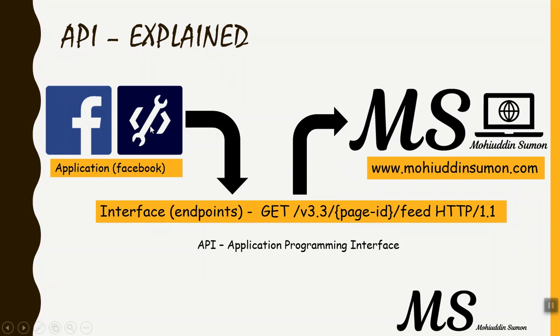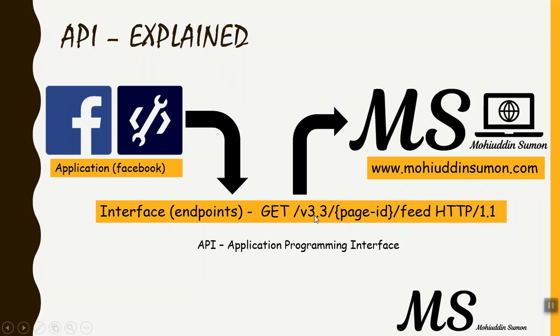Now think of this as the application and this as the interface, and what is responsible for connecting the two is the programming we have done on our site. Unlike in the previous case, where we as humans were pressing the buttons, now we just do some programming on our site and write this interface.